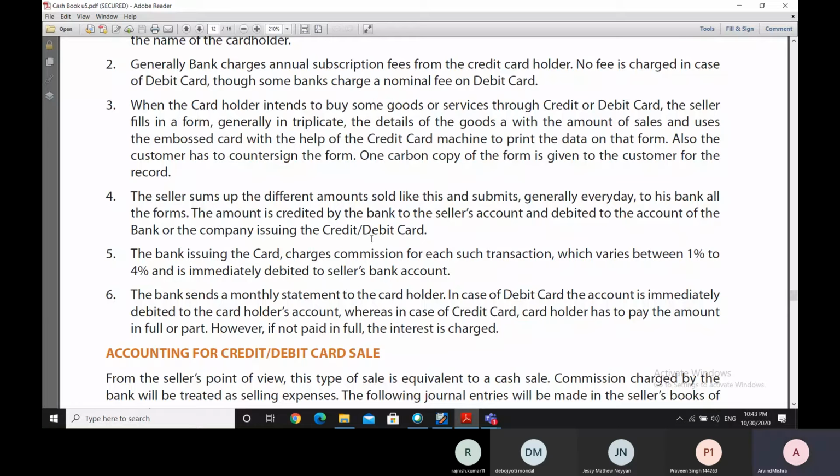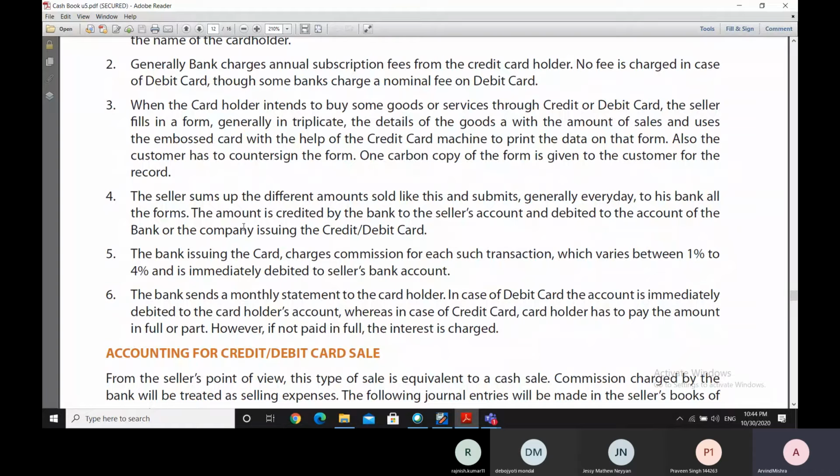Then the amount is credited by the bank to the seller's account, and is debited to the account of the bank or the company issuing the credit and debit card. So thereby the amount is taken out of the issuer's account and paid to the seller's account.